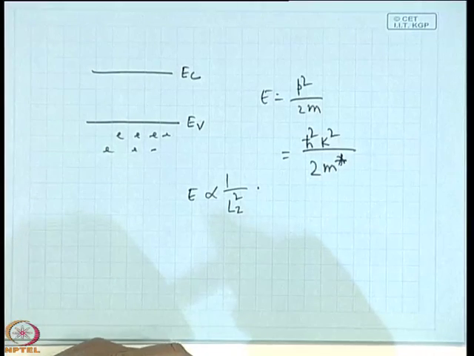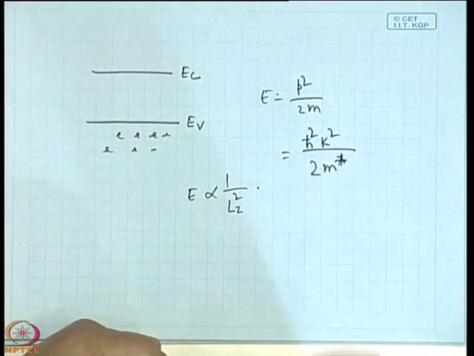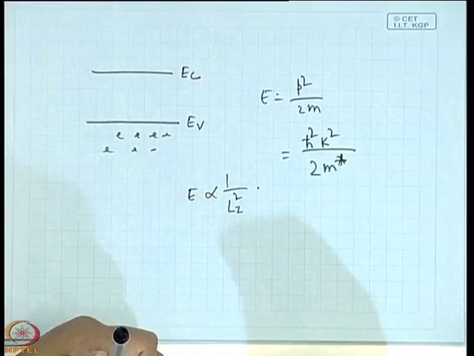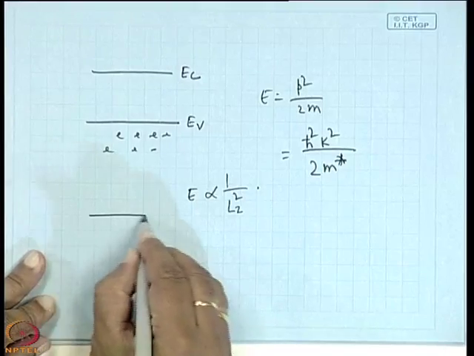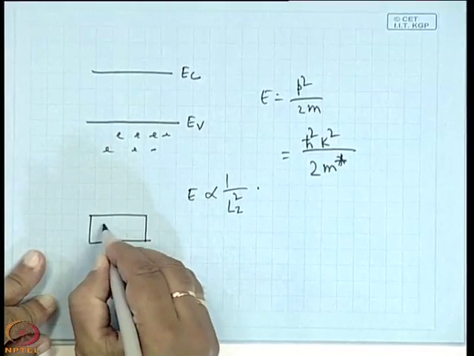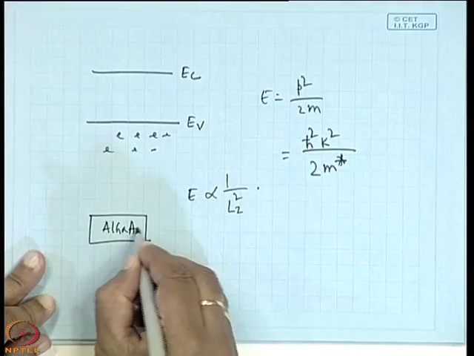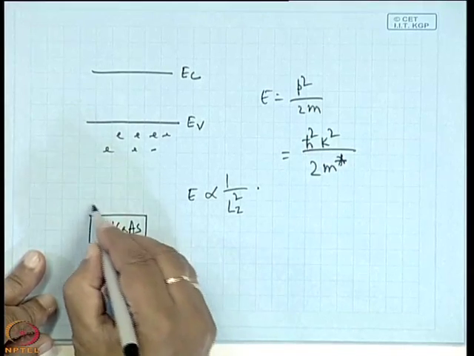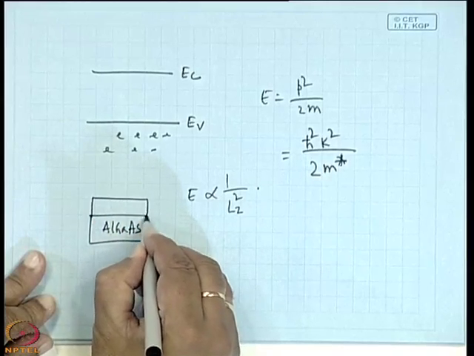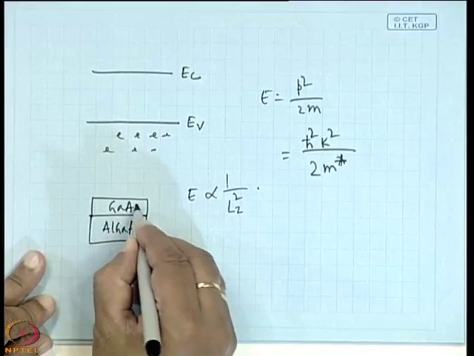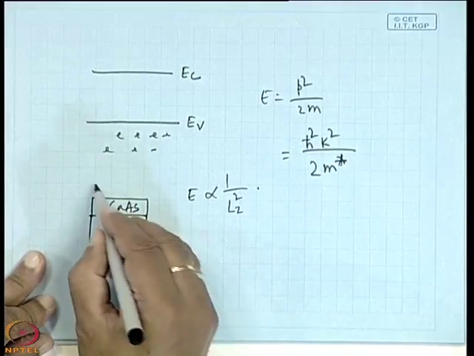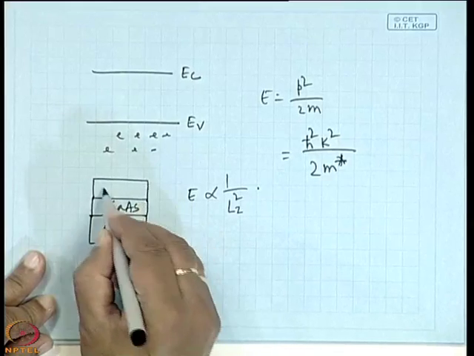Lz means, basically in one dimension, the thickness. Say you sandwich one material, say gallium arsenide, between two layers of aluminum gallium arsenide.